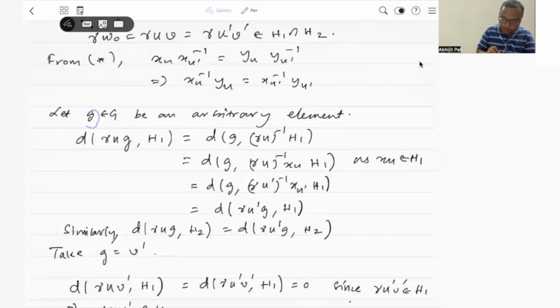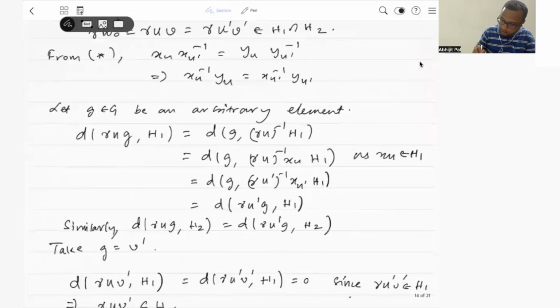Now let us observe this thing. So the distance between γug and H1 is equal to the distance between g and γu⁻¹H1, which is the same as the distance between g and γu⁻¹xuH1, as xu belongs to H1.